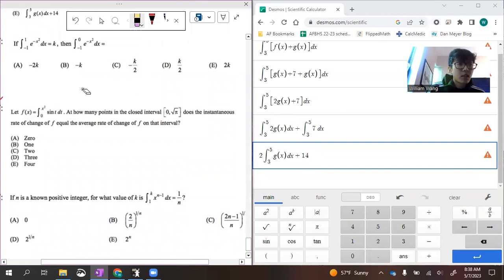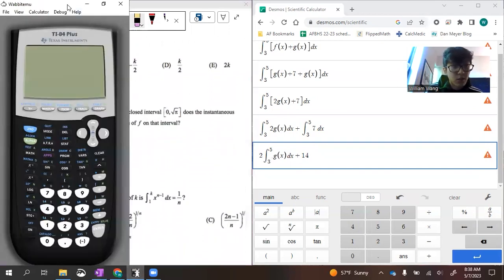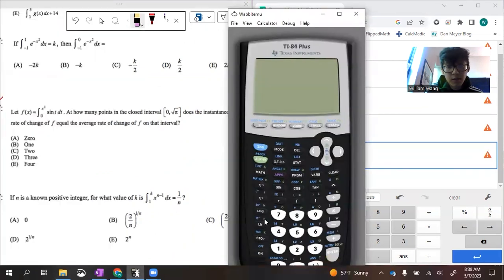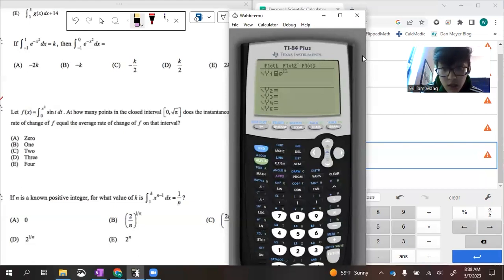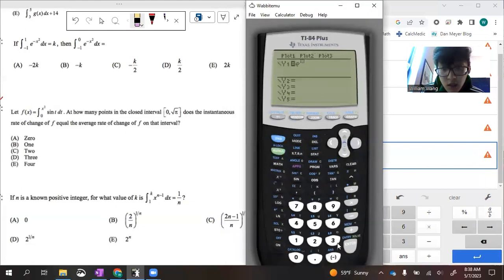Okay. Next question, I'm going to treat this as a calculator question. So if I were to plot, for example, e to the negative x squared, and I graph this.